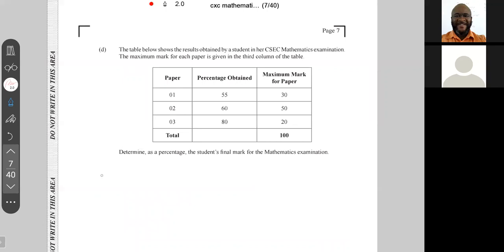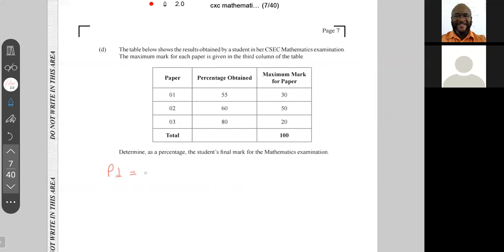All right, let's find out. First of all, let's find out how much she got for paper one. They did say her, so it's a she. For paper one, she got 55% of the total 30 marks.